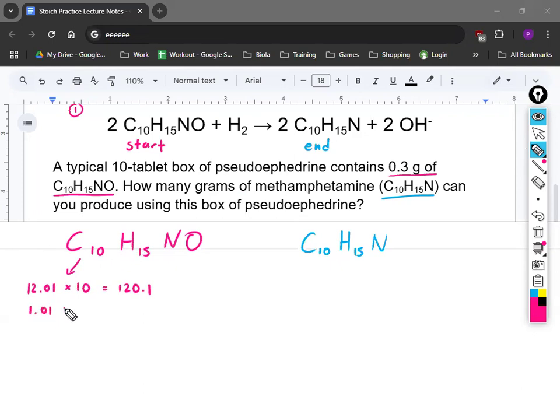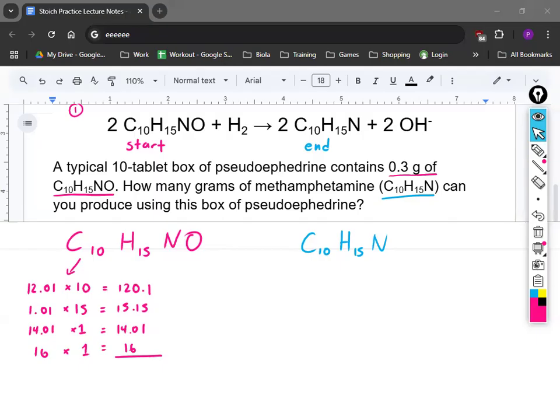Each of them are 1.01, so times 15. That'll give you 15.15. There is one nitrogen. Nitrogen is 14.01, so 14.01. There's only one of them. And then one oxygen, which is 16. So you're just going to add up these 4 numbers, and that will give you the molar mass of pseudoephedrine.